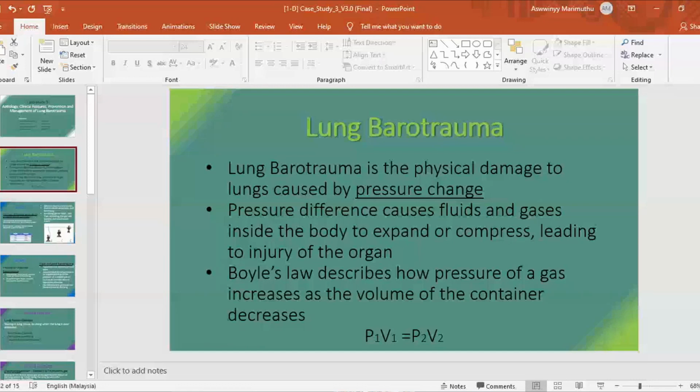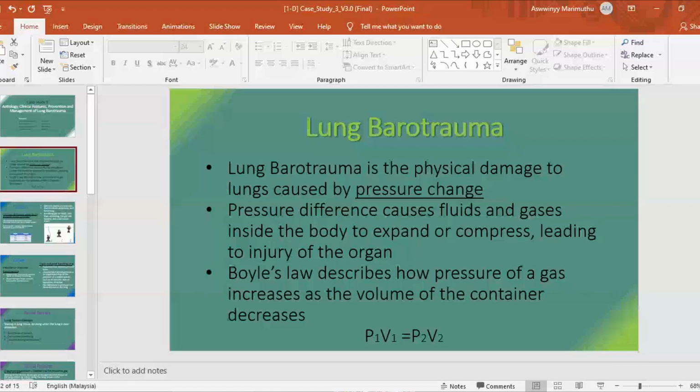When we talk about barotrauma, we are talking about Boyle's law. Decompression sickness is due to Henry's law, where the nitrogen dissolves in your blood when you dive deep down. When suddenly you go up to the atmosphere, there is a sudden change of pressure, and nitrogen bubbles up in your blood vessels.